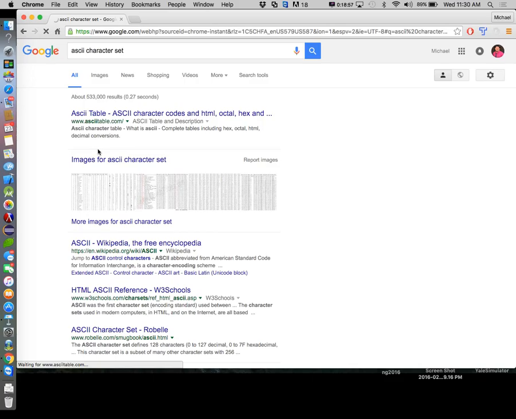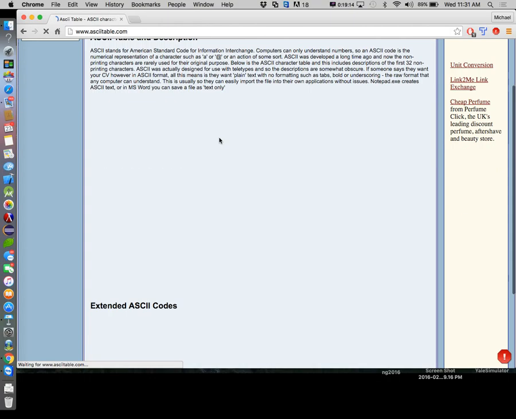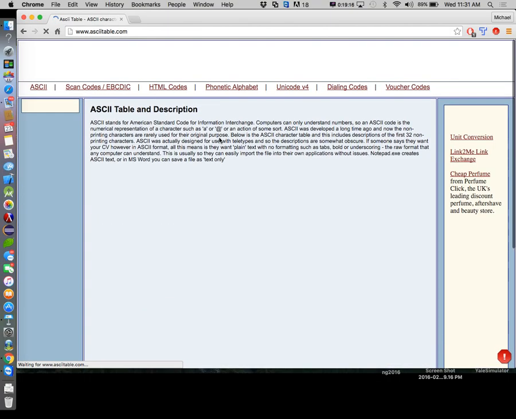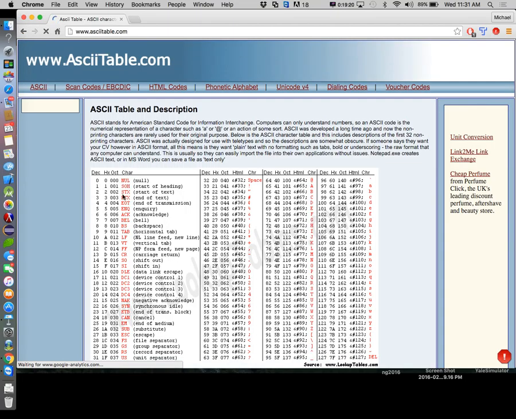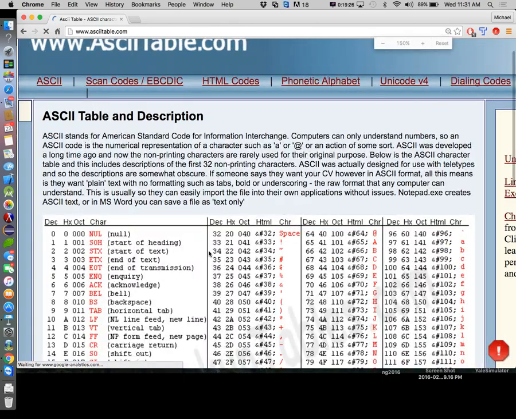So we have a whole bunch of numbers between 0 and 255, and each of those numbers map to exactly one character, like A's and B's and question marks and commas, and then there's smiley faces and playing cards and stuff like that. So let's see, is it actually going to load something? Yeah, here we go. So 0 is the null character. Blow this up a little bit.